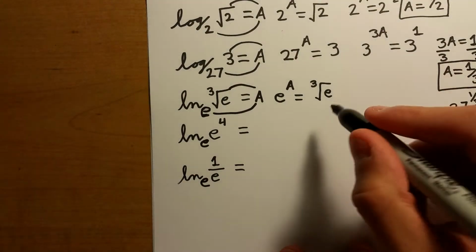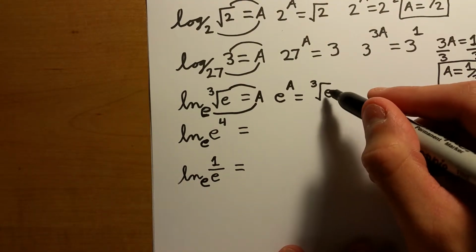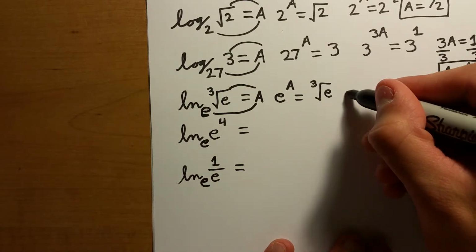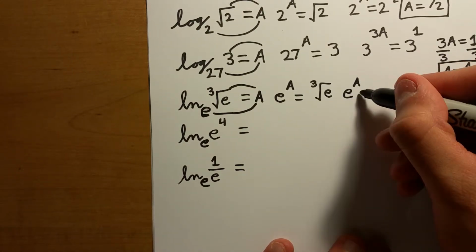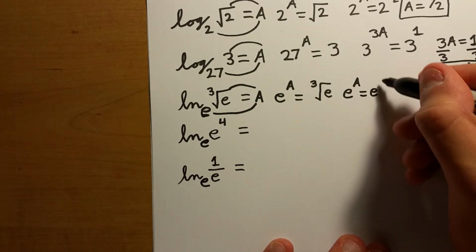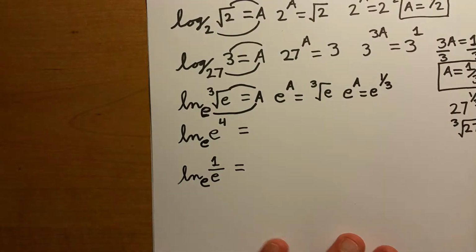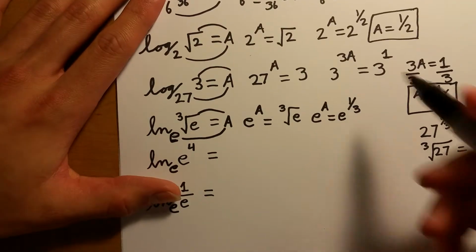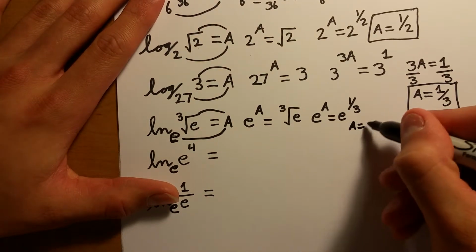And now you're going to rewrite e into its fractional form. So e to the power of a is going to be equal to e to the power of 1/3. Because remember, the cubed root is 1/3.